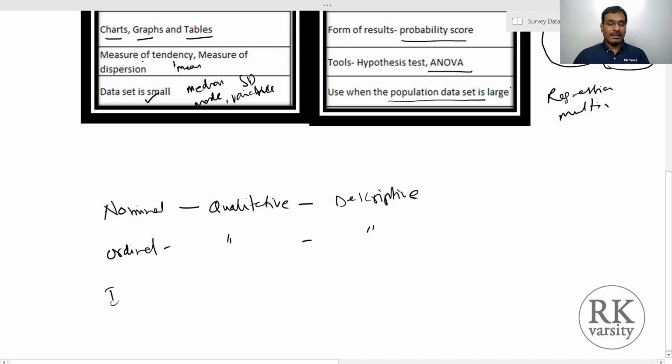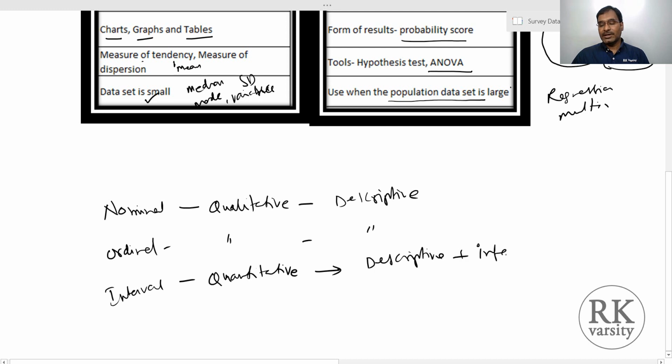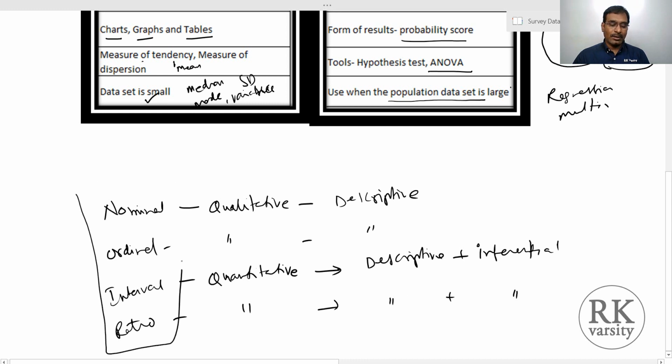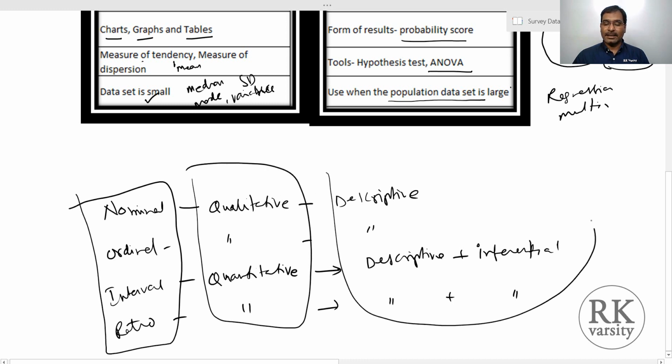If your scale is interval, you will get quantitative data, and here you can perform both descriptive as well as inferential statistics. Same is the case with a ratio scale. In case of ratio, you get quantitative data and the analysis that you can perform is descriptive plus inferential statistics. So this is the linkage between your measurement scale, types of data and data analysis.